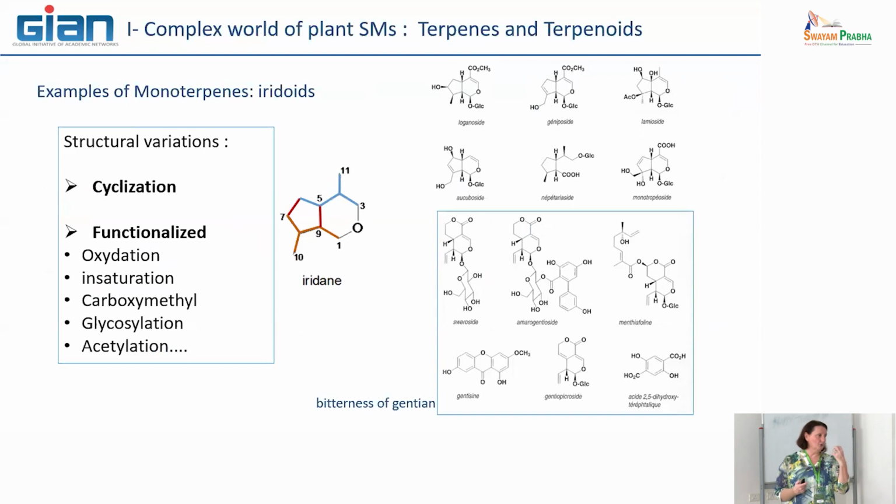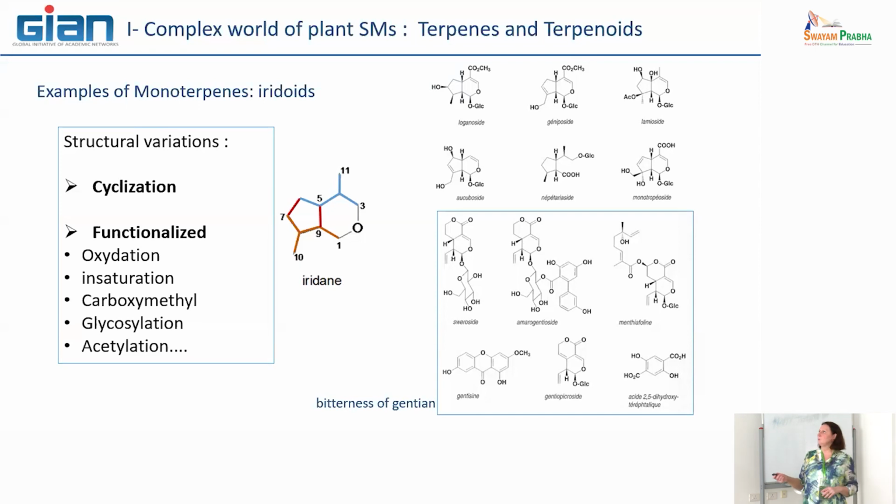One of the hearts of some alkaloids are iridoid compounds, so they are very important. They are also cyclized and functionalized by several other modifications, including carboxymethylation, glycosylation, acetylation.